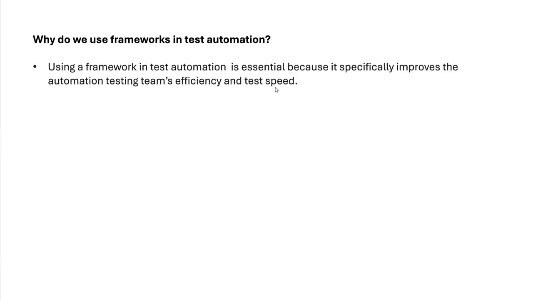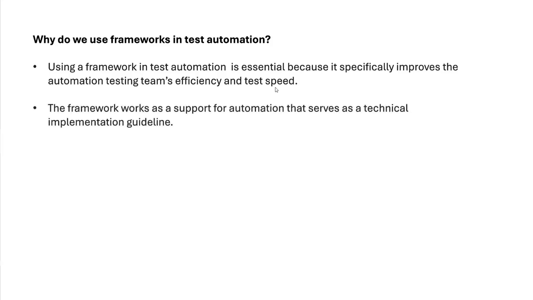If one QA does something which is not aligned to another QA, then there will be a mess. So for that you need a certain set of rules to be followed. To have those rules and follow one particular structure, frameworks help you.